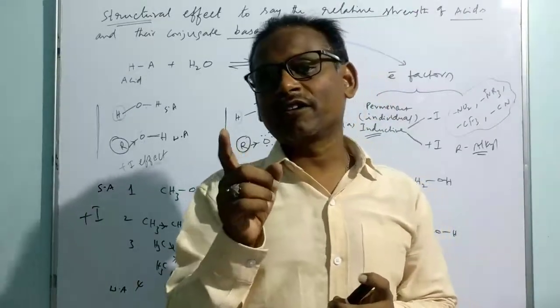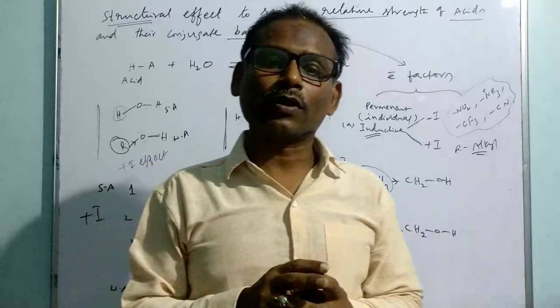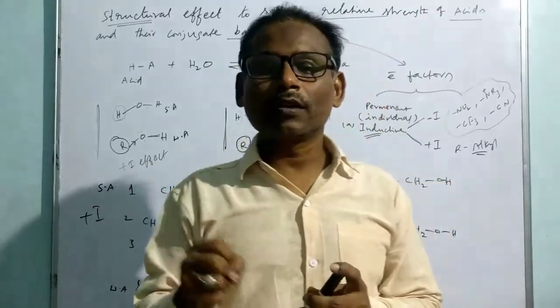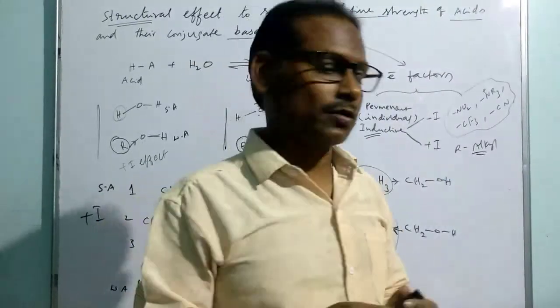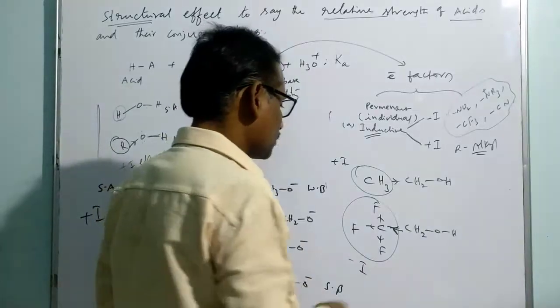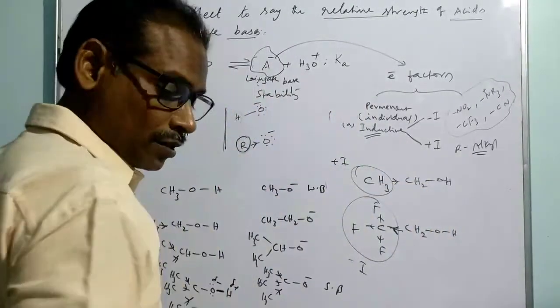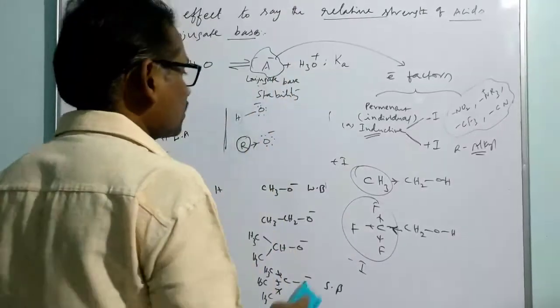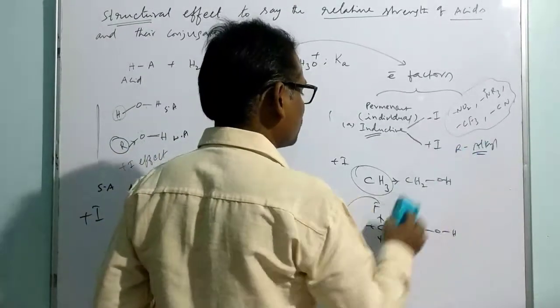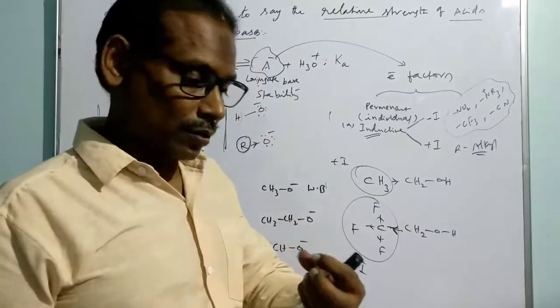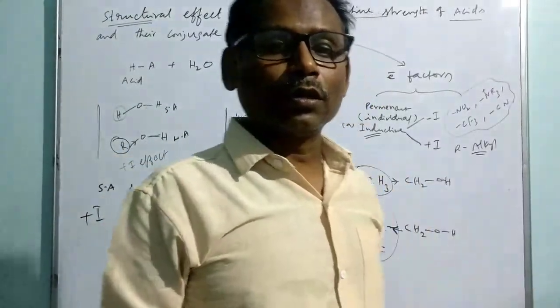That means negative inductive effect increases the acidic strength of compounds, but positive inductive effect decreases the acidic strength of the compound. So this is stronger than this one. And here, certain groups are given for the withdrawing power of electrons.